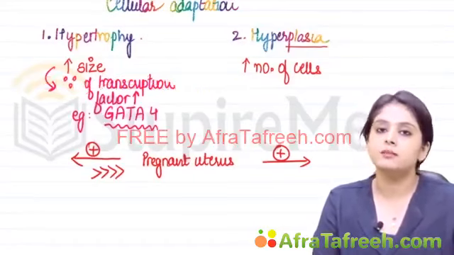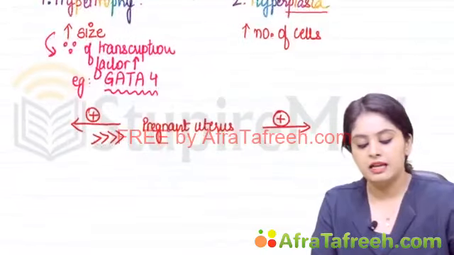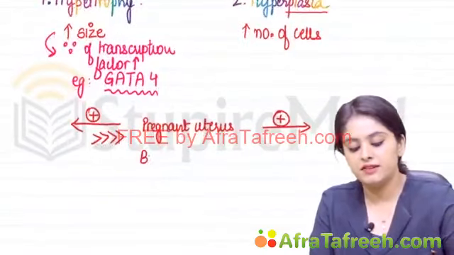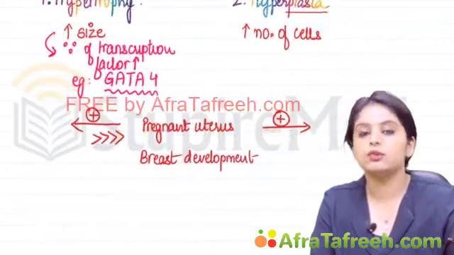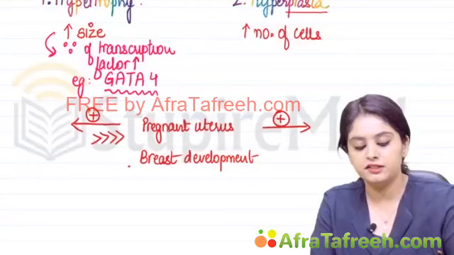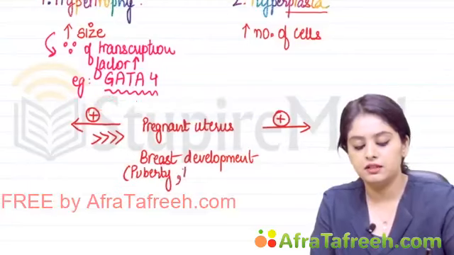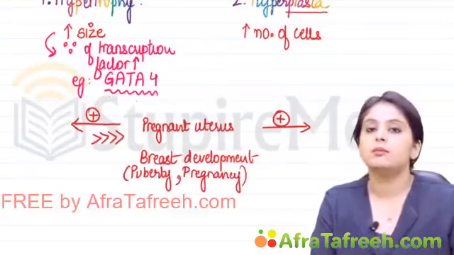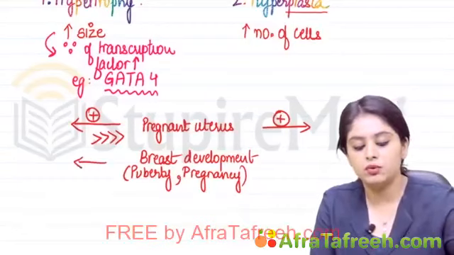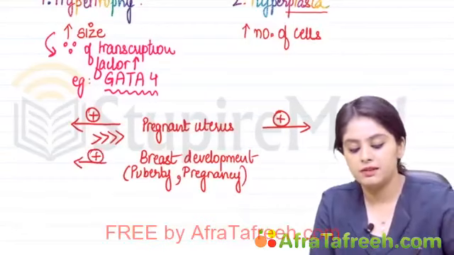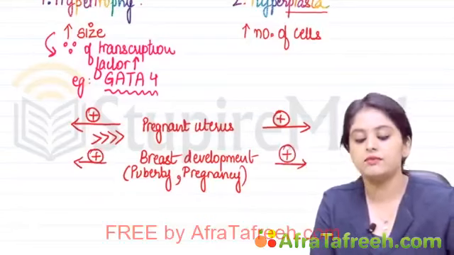Next, let's look at a similar common example. Let's consider breast development. Breast development, please note, during 2 stages. First, puberty. Second, pregnancy. Breast development during puberty and pregnancy again can show both hypertrophy as well as hyperplasia.